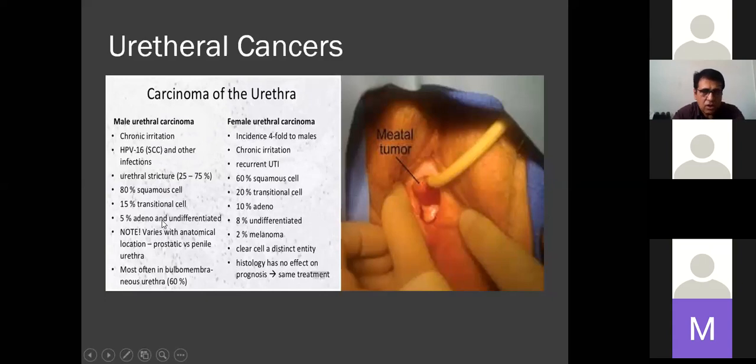They do not appear if there is no STI or urethritis or any other disease prior to them. It is extremely rare to have urethral tumors or cancers.